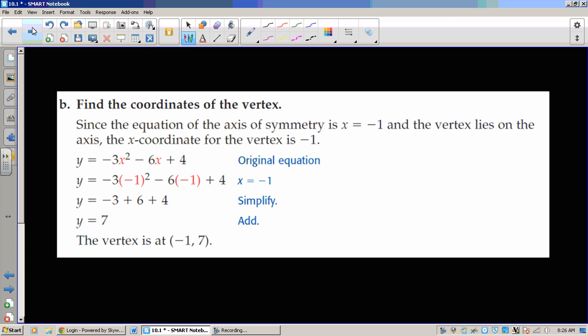Put x equals negative 1 into the whole equation and solve for y, and that gives us our vertex: negative 1 and 7.